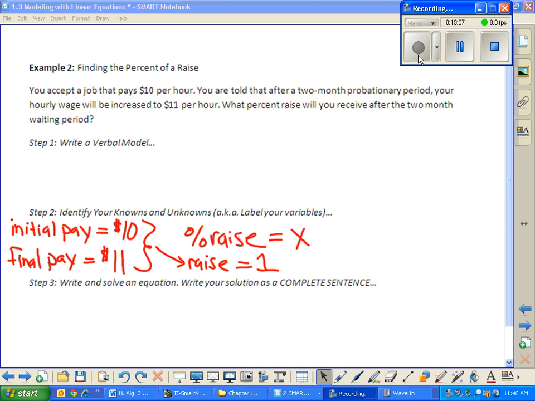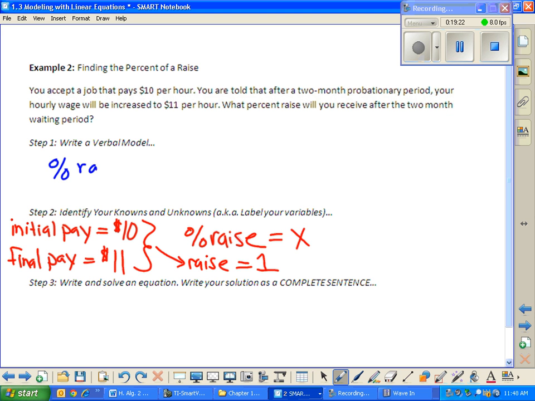So in an effort to be efficient with our problem solving, we're going to build a real simple little verbal model. And you could honestly just take a moment to calculate your percent raise, what that is, by calculating the raise itself, how much money that was out of your total initial pay.